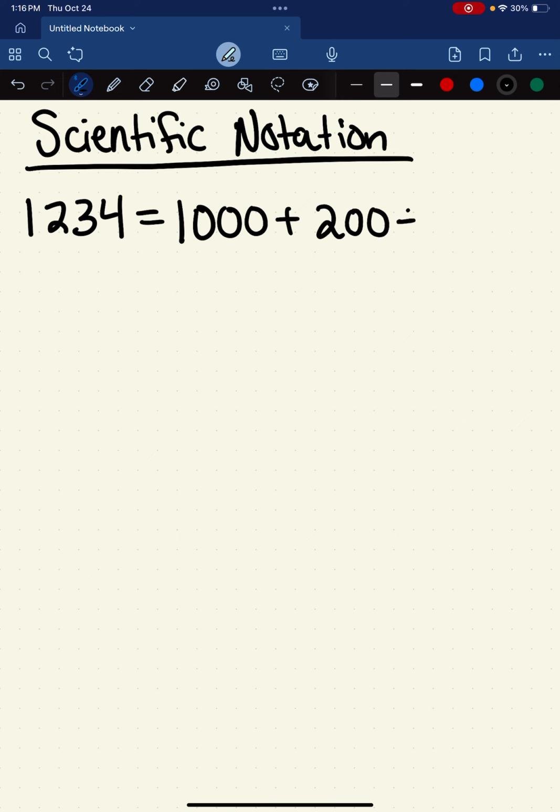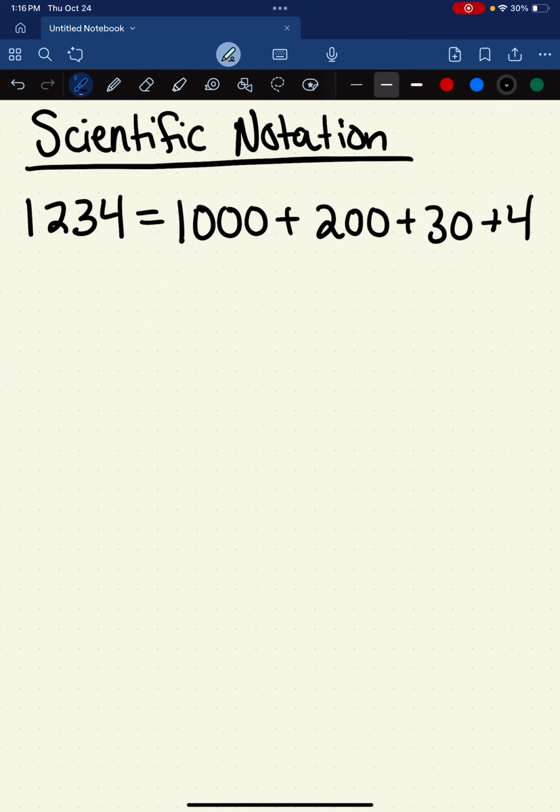So first, let's go way back to maybe even elementary school, and let's think about, let's say, the number 1,234. Well, we make a lot of assumptions whenever we write numbers, but what does this actually mean? Note that this is 1,000 plus 200 plus 30 plus 4, right?